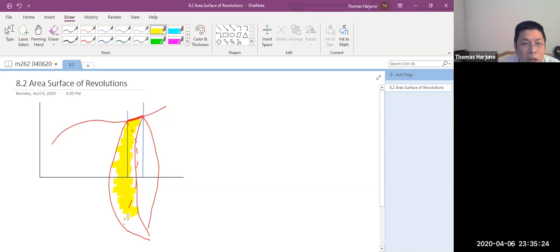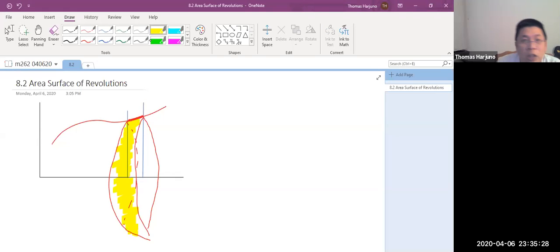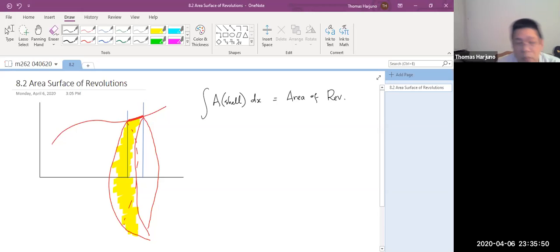Once we find the area of this shell, then we can integrate the area of each shell, and that will give us the area of revolution. Okay, now the thing is how to find the area of this shell.